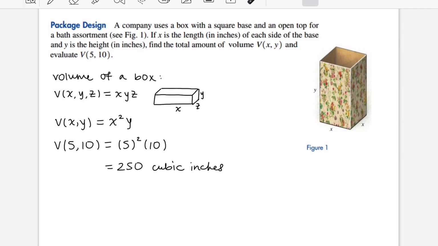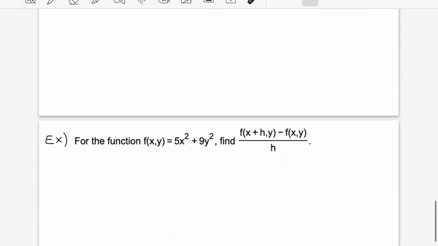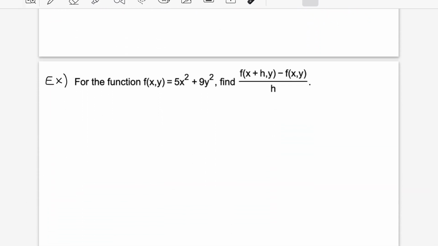All right, and then the last example we're going to look at is this one here. Given this function here, we want to find this guy here. And so you may recognize this as the difference quotient that we've seen in previous sections, but it's slightly modified here. We have this f of x plus h comma y. So this means we're going to evaluate this when x is equal to x plus h.